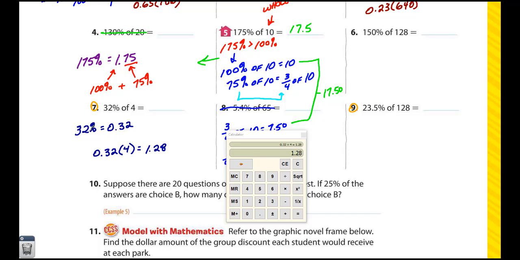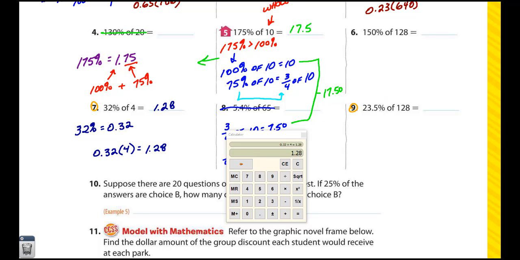So you can see 32% of it is just a little more than having 1/4 of it. 1/4 of 4 would be 1. 32% is 1.28.